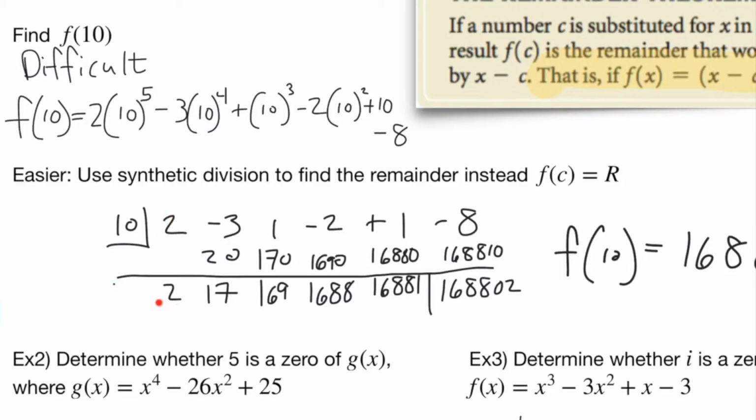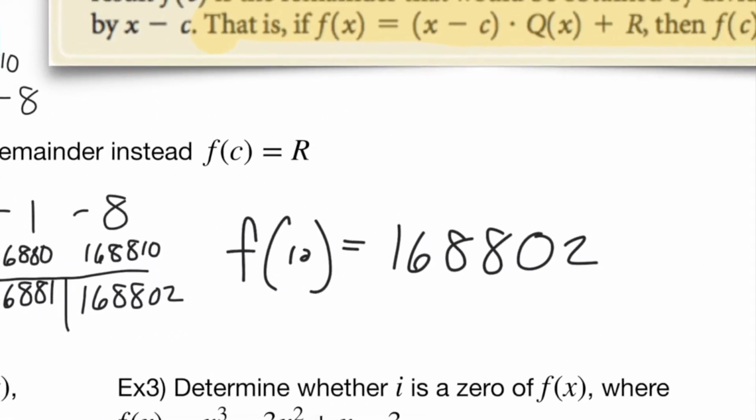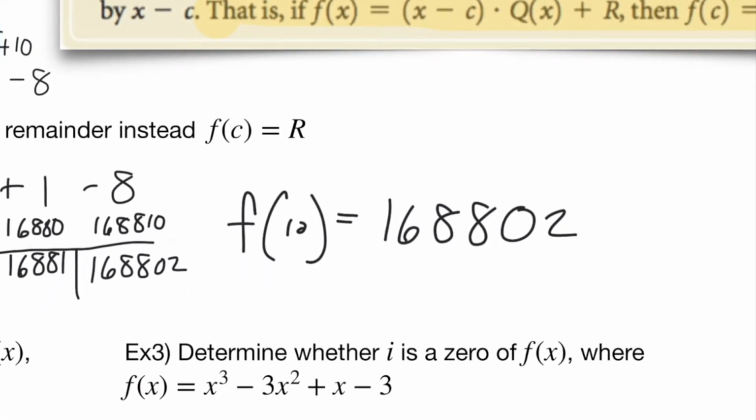So bring down the 2, multiply by the 10, add, multiply by the 10, add, multiply by the 10, add, multiply by the 10, add, multiply by the 10, and you get the remainder of 168,802. The book suggests that maybe this is a bit easier. So you could say that f of 10 is what the remainder is here, 168,802.